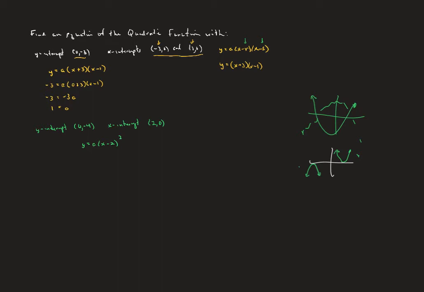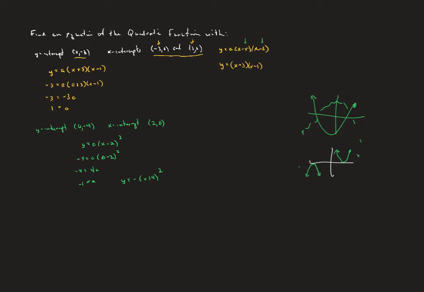Then we can plug in what we know from the y-intercept. So negative 4 will be a times 0 minus 2 squared. And so negative 4 will be, negative 2 squared is 4a, and so the a will be negative 1, which is going to make our equation of our parabola be y equals negative 1 times the quantity x minus 2 squared.